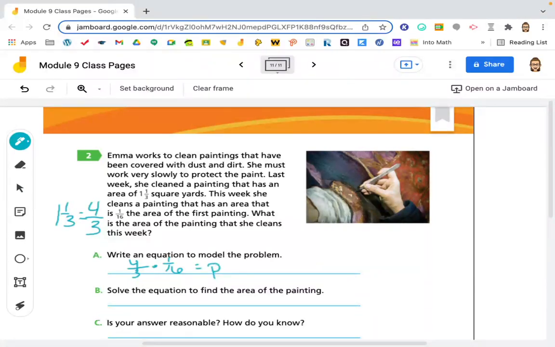So then it solves, so we multiply straight across. 4 times 1 is 4, and 3 times 16. 3 times 6 is 18. 3 times 1 is 3, plus 1 is 4. So we have 4/48 square yards.